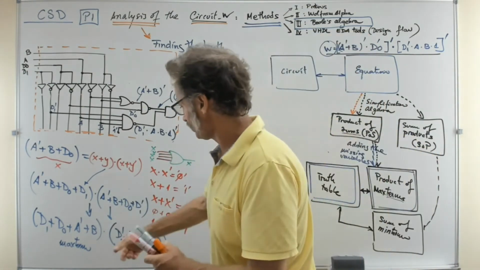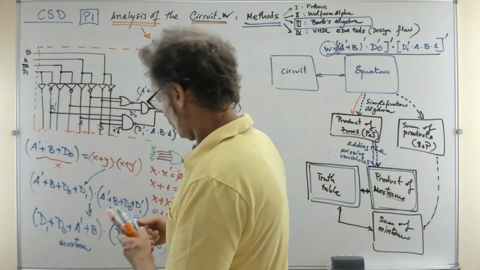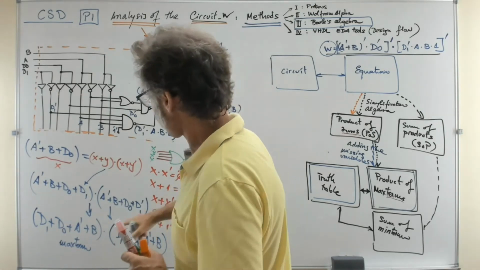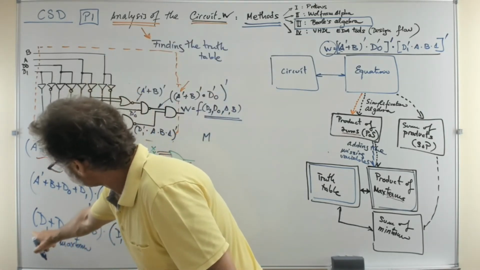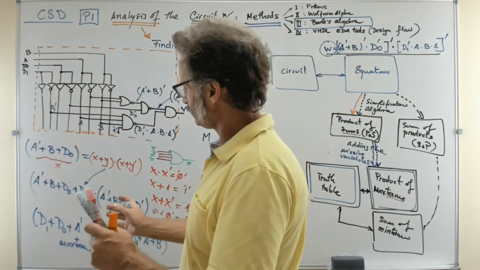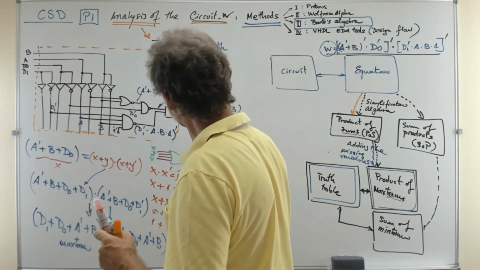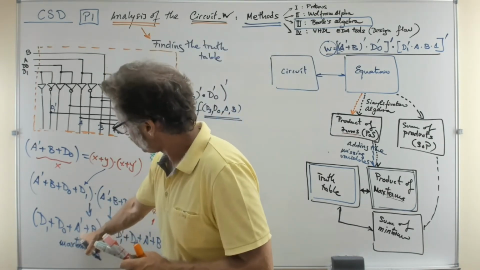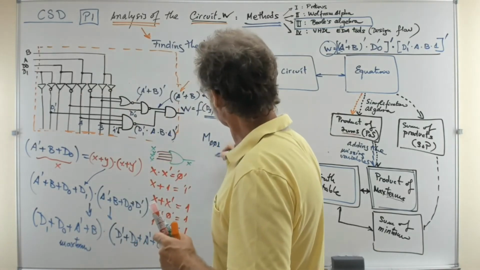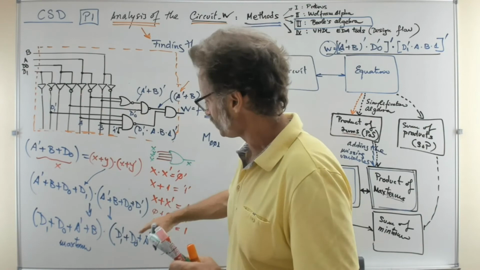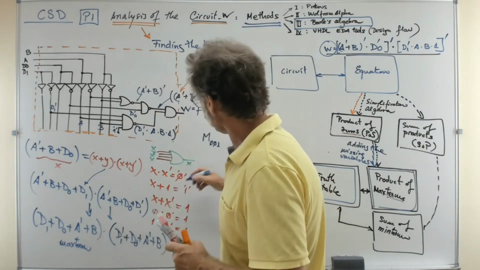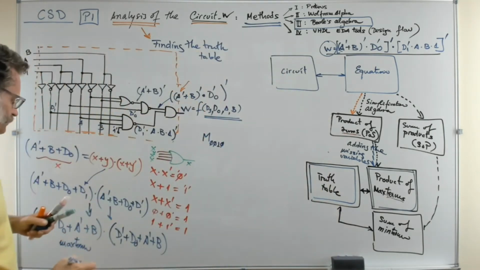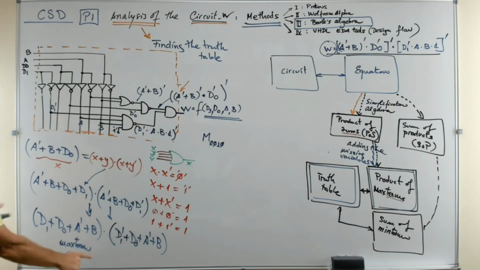Well, this one here is the maxterm. d1 appears like that, so it has a 0 value, d0 the same. a appears as a not, so it is a 1 in this expression as a maxterm, and then you've got b, which is a regular b, so it is a 0. So this is the maxterm that you've got here.